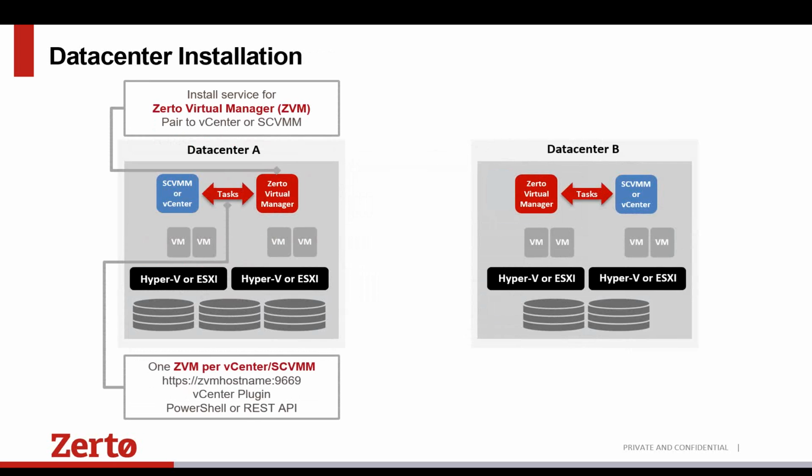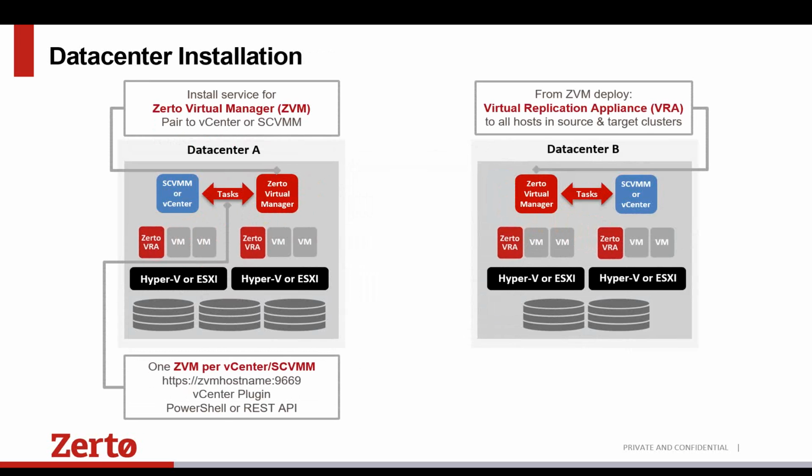The Zerto Virtual Manager is deployed 1 per System Center or vCenter, so that in the event of a disaster, you can log into the opposing site Zerto Manager to initiate the disaster recovery. It's managed via a vCenter plugin, via a web browser, and you can use PowerShell or a REST API to interact with this Zerto Manager.